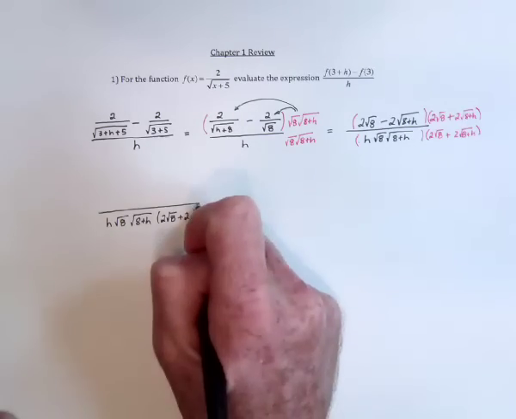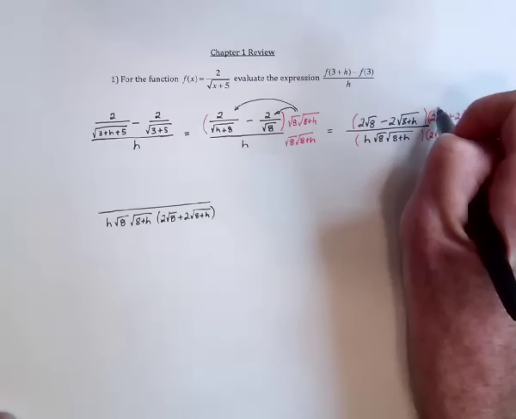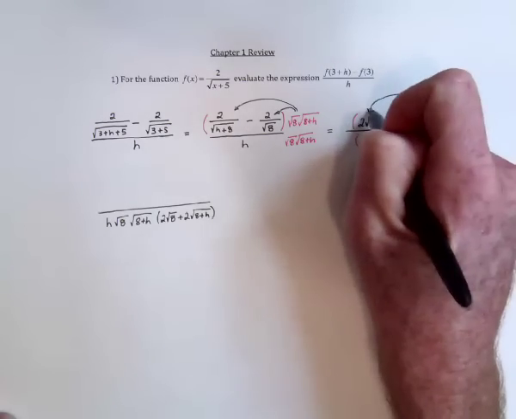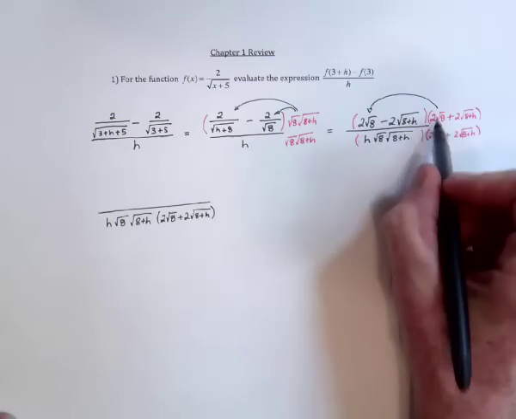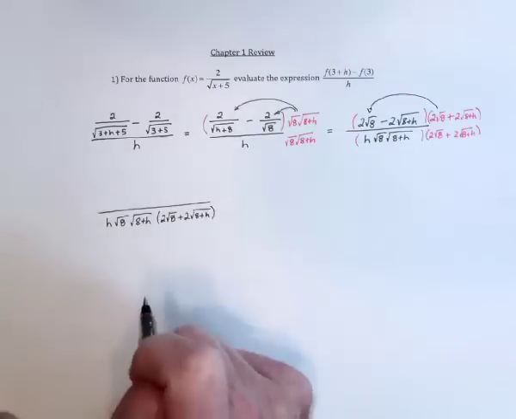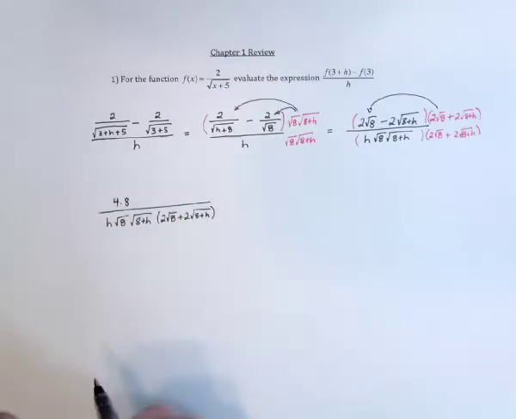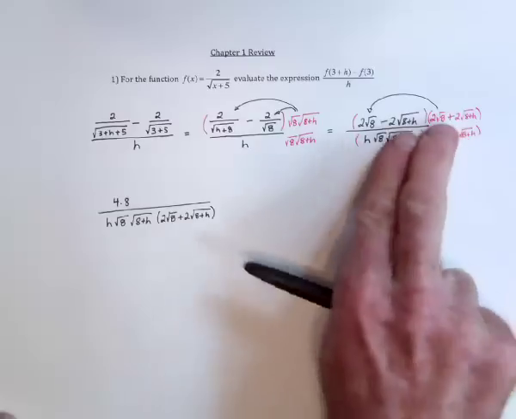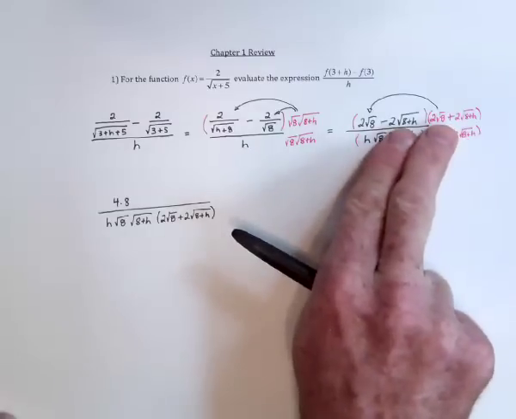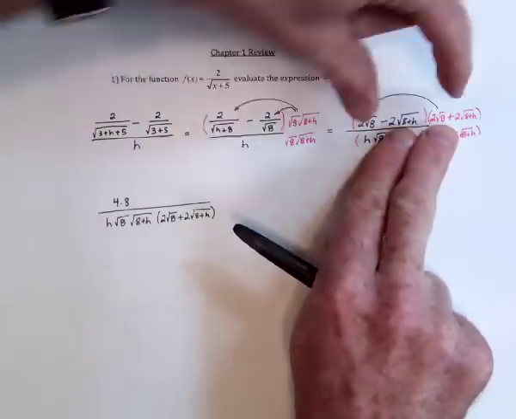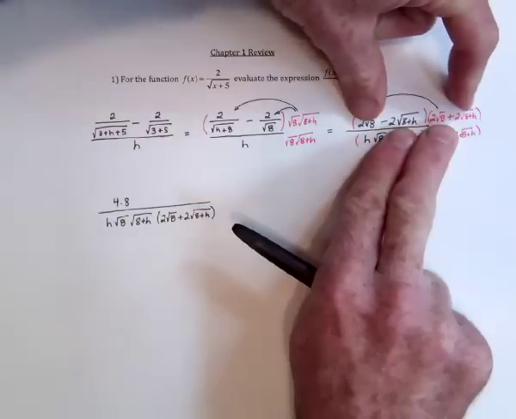Alright, now distribute over here. So we need this one times this one, which is going to be a 4 times an 8. And now the radical's gone. 4 times an 8 with no radical. The middle terms, this with a negative 2 times a positive 2 and those two radicals, it's the same as this.